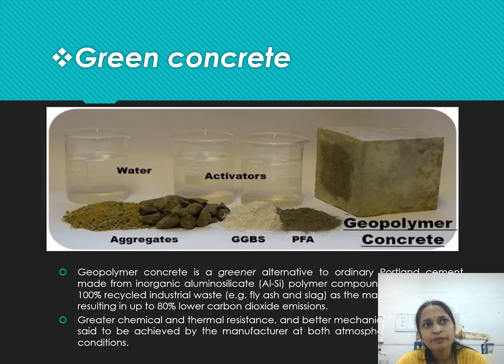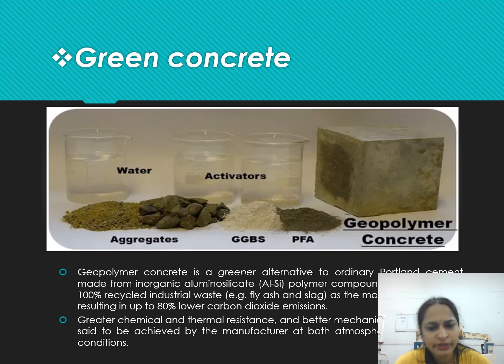So what is a pozzolanic material? A pozzolanic material by itself is not a binder, but when it is reacted with an activator, it behaves like a binder. So that is what we want for the reaction to carry on.